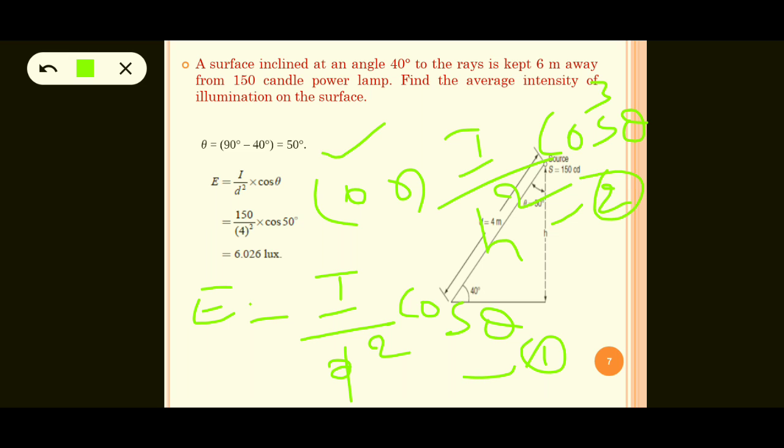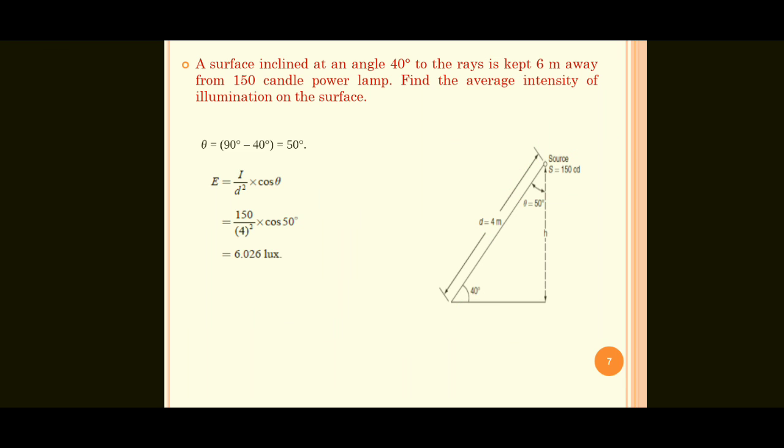Here consider the equation I by d square cos theta, so I means 150 by d square into cos theta, cos 50 degrees.